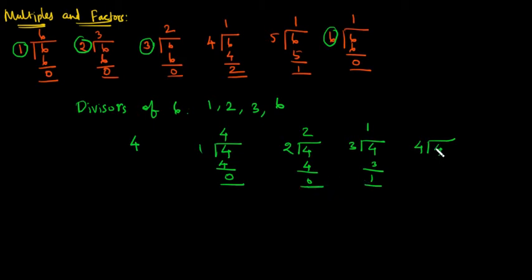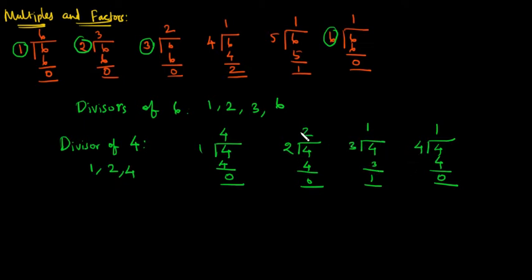And 1 4 is there, so remainder 0. So the divisors of 4 are 1, 2 and 4.